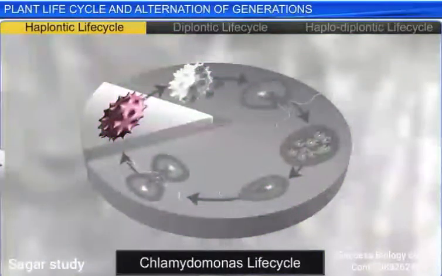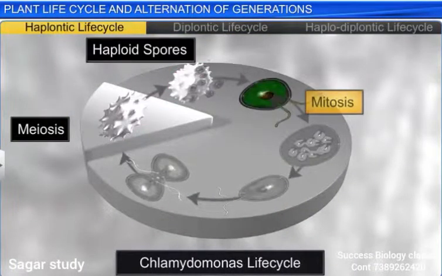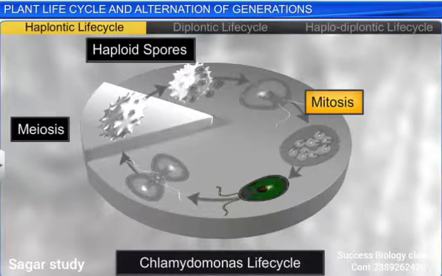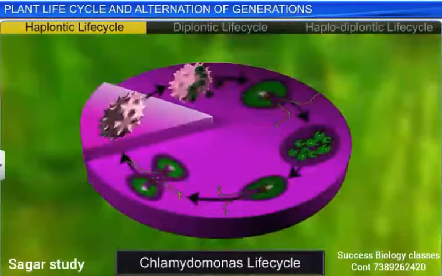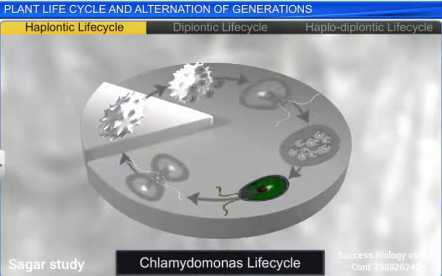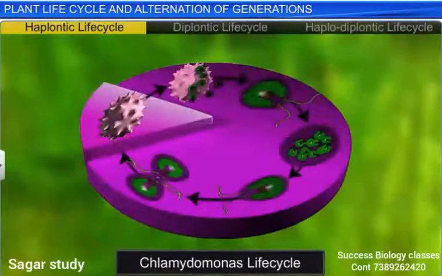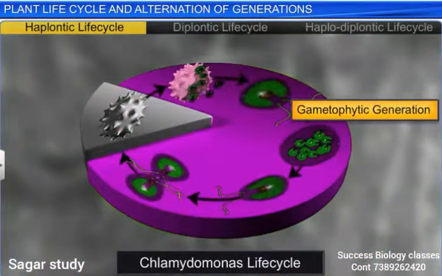This zygote undergoes meiosis to form haploid spores, which divide mitotically to produce a free-living gametophyte. Since mitosis occurs only in the haploid phase, the resulting gametophytes are also called haplons, and the life cycle is called the haplontic life cycle, wherein the gametophytic generation is the dominant phase.